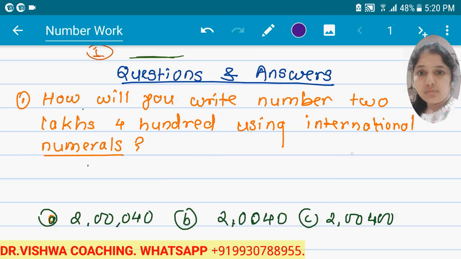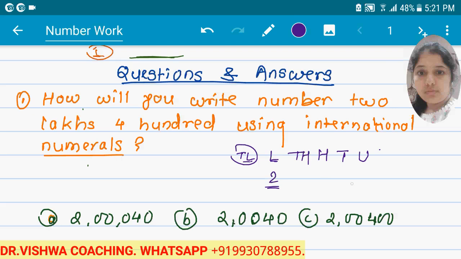From the right side, this is the unit place, this is the tens place, this is the hundred place, this is the thousand place, this is the lakh place, and this is the 10 lakh position. Now which number did they give you? 2,400,000. Now 2 lakhs means 2 will come at the lakhs position.